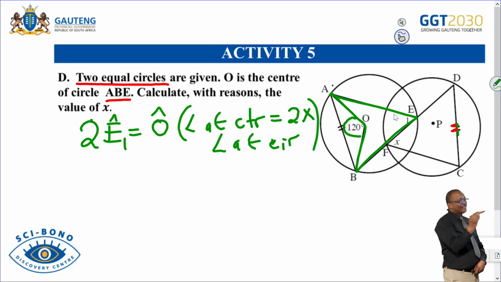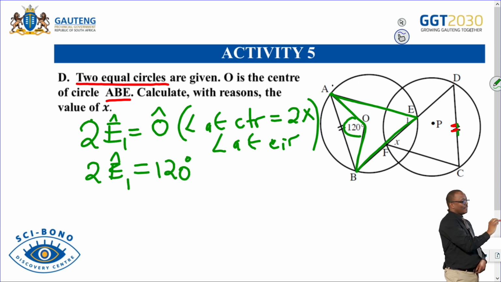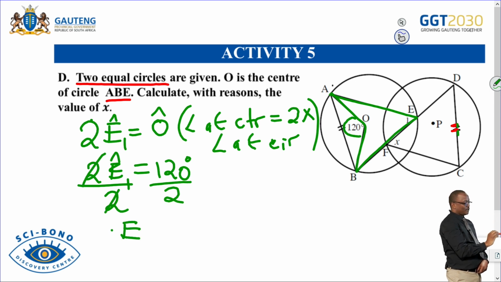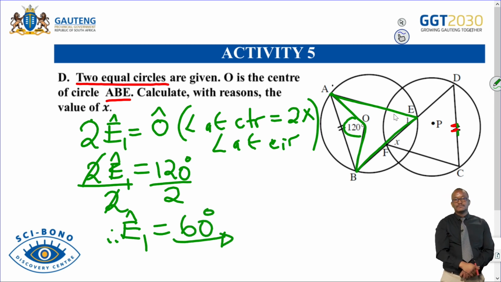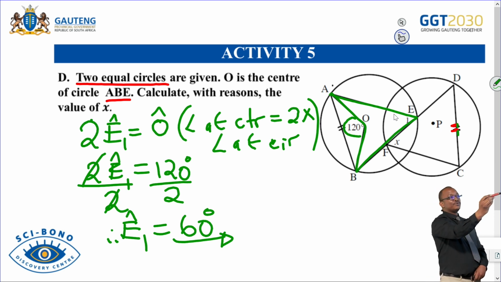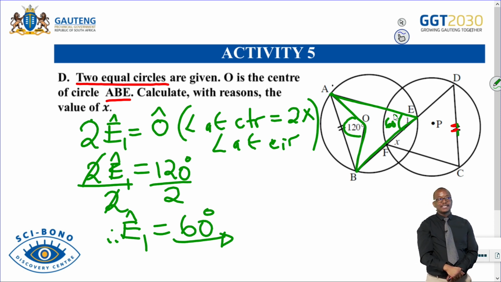Then 2 E1 is 120. We divide both sides by 2, and 2 cancels 2. Therefore, angle E1 is 60 degrees. Now we know our E1. Then from E1, how do we get our X?